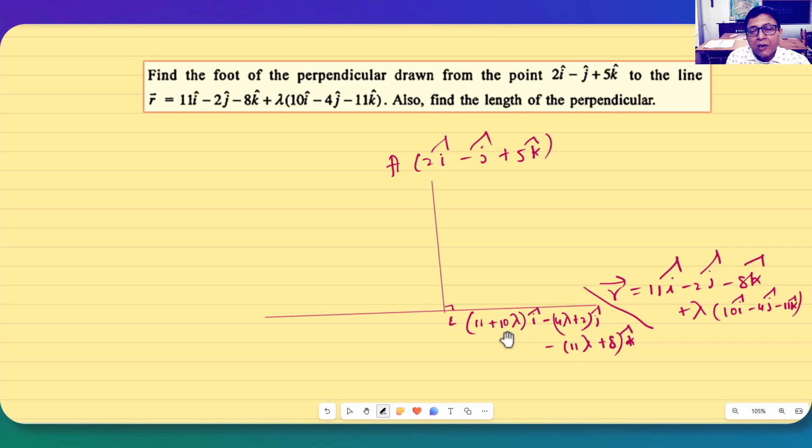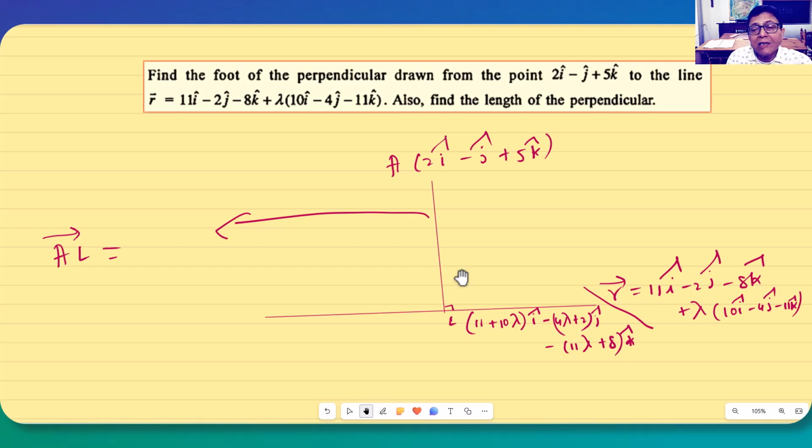Now this AL is perpendicular to the line given. So we will find drs of AL first. Or rather, not drs, you just find the vector AL. AL vector is what? Because we will solve it completely with the help of vector concept.